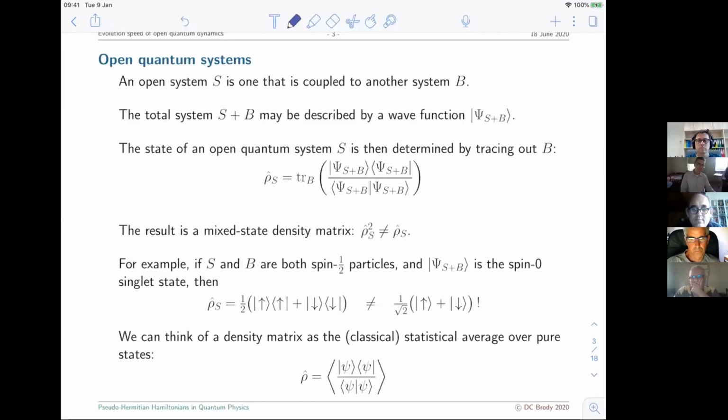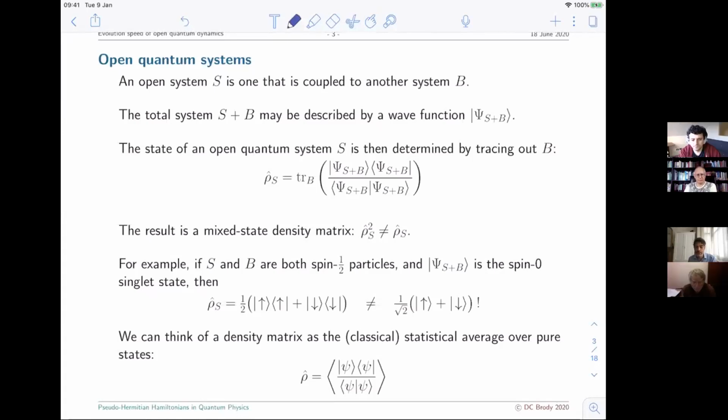Now the tracing out of the environment may seem somewhat abstract if you're not familiar with this kind of description, but it's fairly straightforward. So let's take an example where the system and bath are both spin 1/2 particles. And let's say you have a system prepared in a spin 0 singlet state. The tracing out of B then amounts to measuring the spin of B without keeping the record. That's the essence.